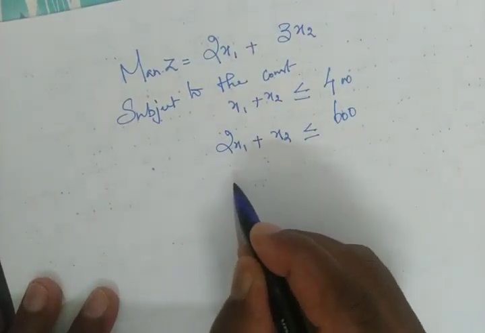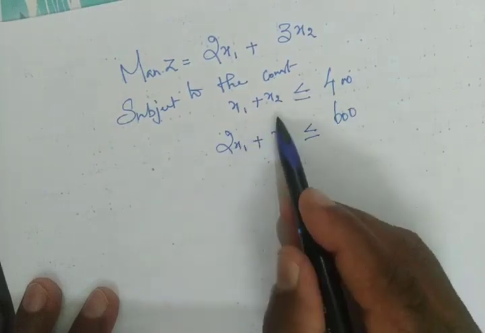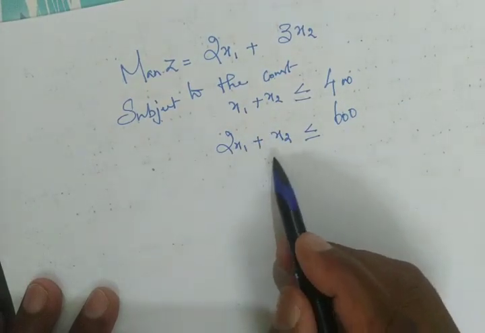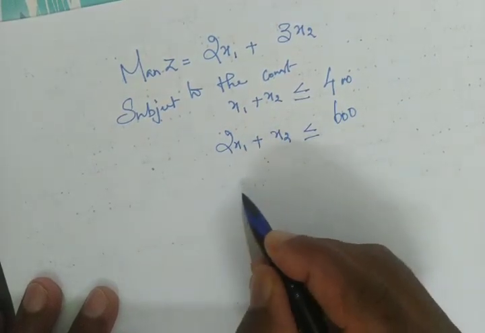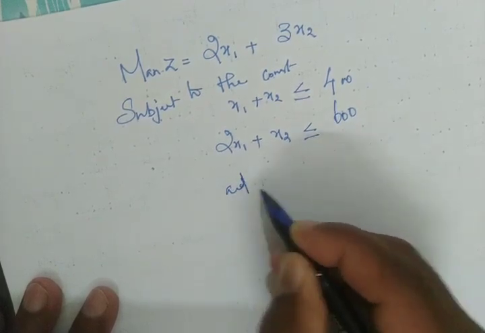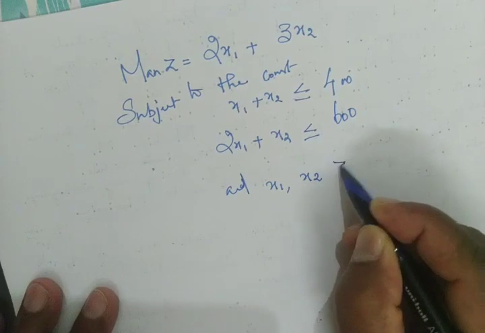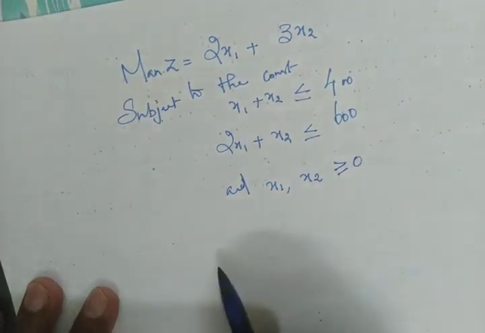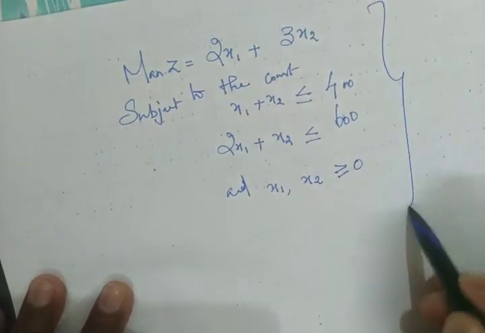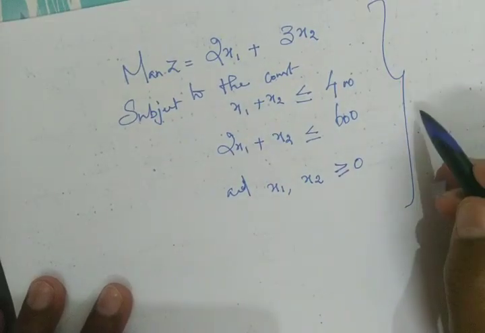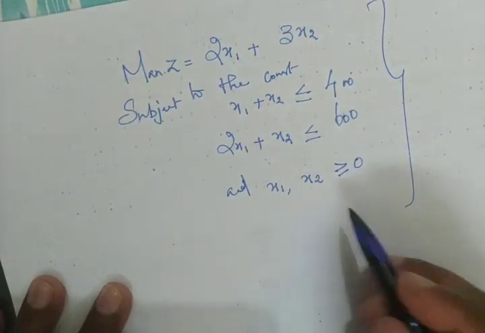Then finally I told you that the decision variables involved in the problem should always be non-negative. So you mention the decision variables x1, x2 must always be greater than or equal to 0.